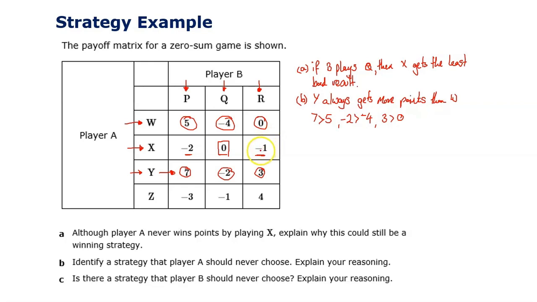Now, is there a strategy that B should never choose? Let's have a look. The way they're wording it, probably not, but perhaps there is. Is there one that always wins? So 5 beats -4. Now, bear in mind for player B that these are what happens for player A. Player A would win 5 points, but player B would lose 5 points.